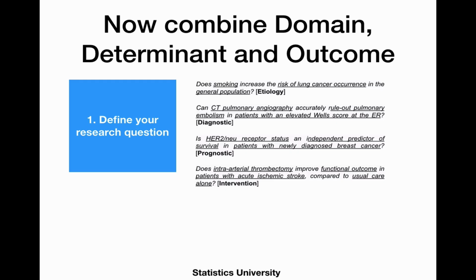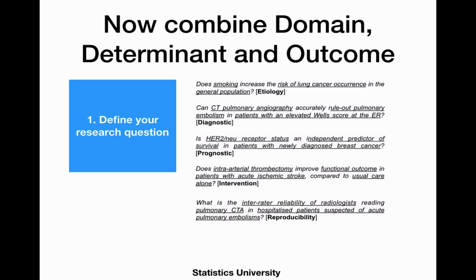And of course, the usual care alone as a comparator is also part of the determinant. And it's good practice to include these comparisons in intervention research questions, but actually also in diagnostic research questions, you can include the reference standard that you use.